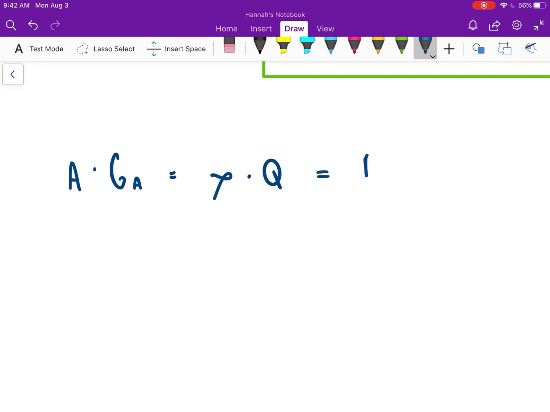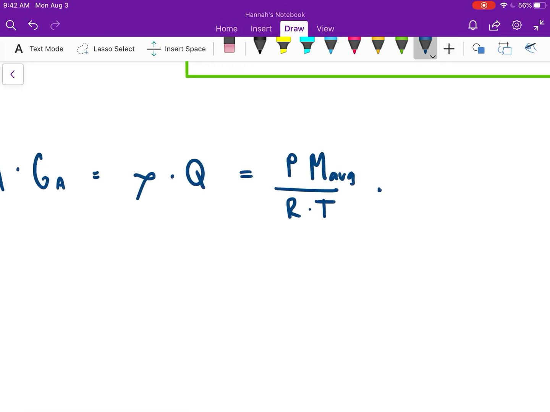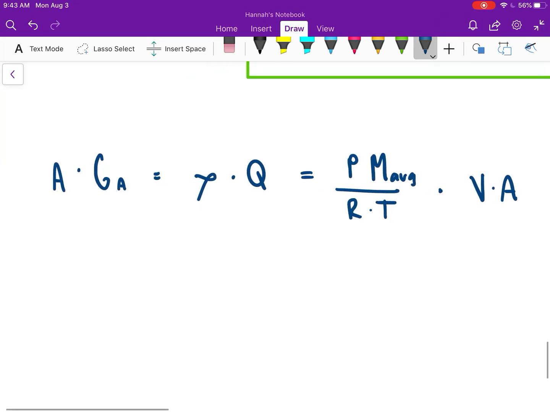We know that density is equal to pressure times average molecular weight over the gas constant times temperature. And the volumetric flow rate is equal to velocity times the area. And this velocity is that 5 meters per second that we had earlier, given in the problem statement. Looking at this, you see that the areas cancel out.